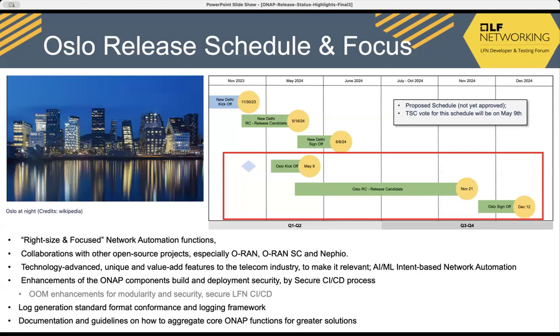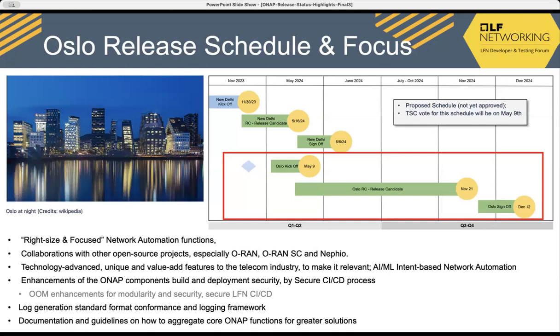So here, as a brief, in Oslo we want to do right-sized, focused network automation functions. As I mentioned, ONAP is a collection of network automation functions. Many of the unneeded, unmaintained projects are deprecated in New Delhi. So now we have a core of remaining ONAP components we control.